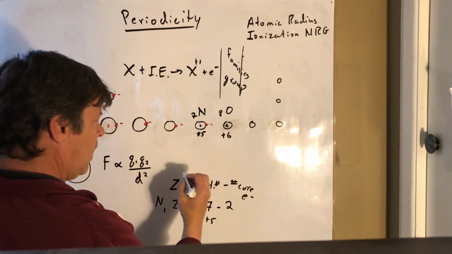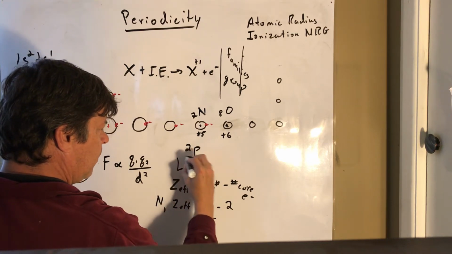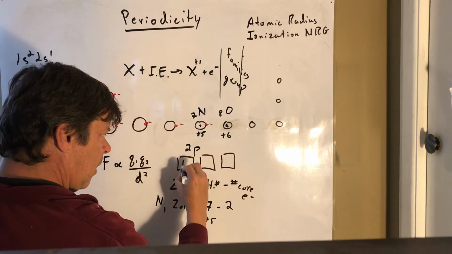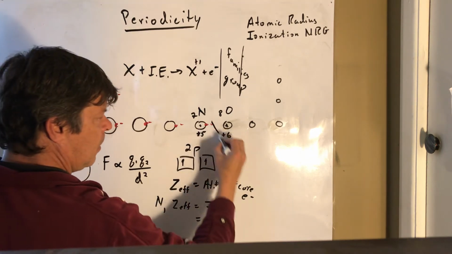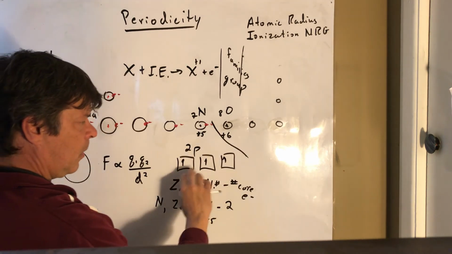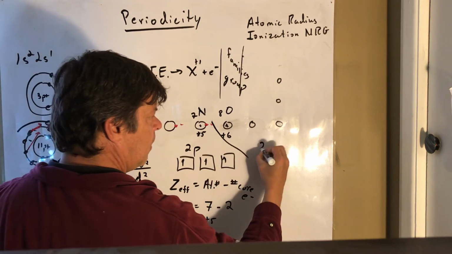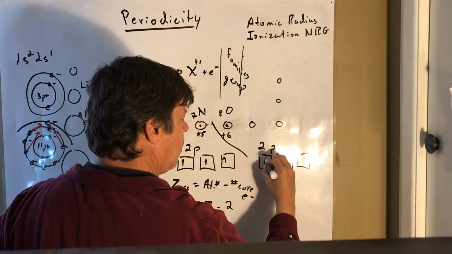If you look at nitrogen's outer electrons, if we use Hund's rule and look at the p orbital, we have 1, 2, 3 half-filled p orbitals. Oxygen would have 1, 2.